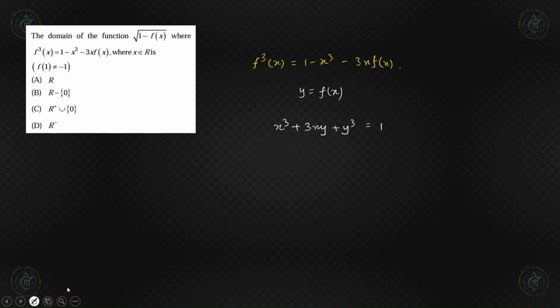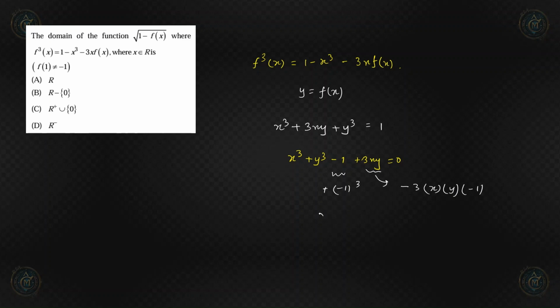Now how to solve this? We can observe a thing here that this is some cube, and this is some cube again, y cube. And this one, if we take it on the LHS, we get minus 1 plus 3xy equal to 0. So this minus 1 we can write as minus 1 whole cube, with positive sign, and this thing 3xy with a positive sign we can write as minus 3 times x times y times minus 1.